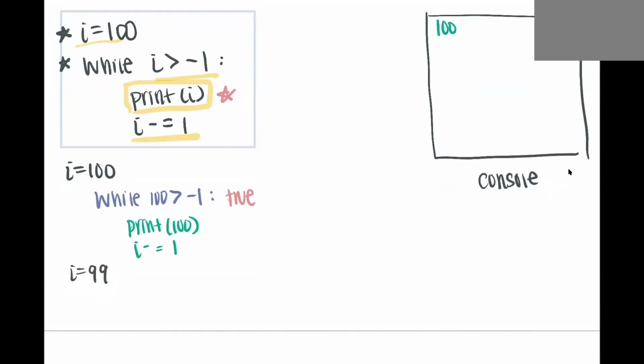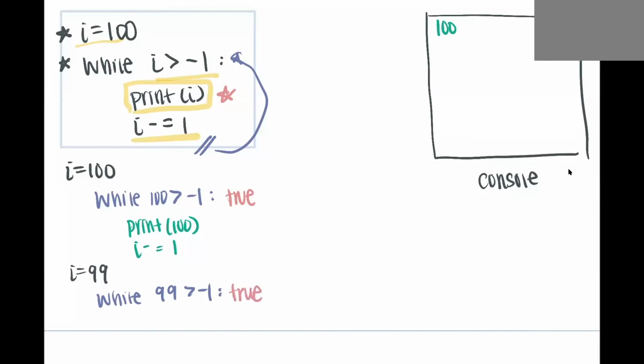Next, since we hit down here, we are going to go back up and check the condition with our new I value. So you're going to check while 99 is greater than -1. True or false? Very good. This is a true statement.